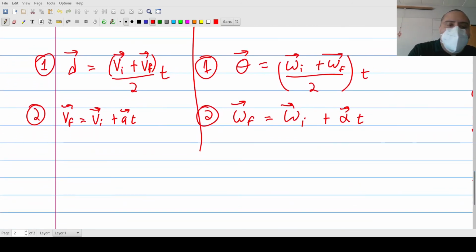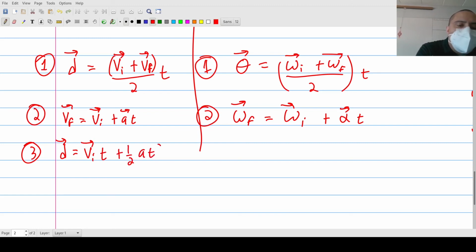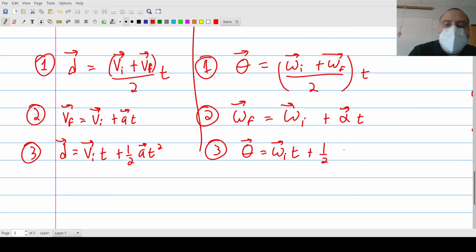The third kinematic equation looked like this: d equals v initial t plus 1/2 a t squared. For the third one over here, we get theta equals omega initial times t plus 1/2 alpha t squared. It's not a very good alpha. Let me see if I can do that again. Alpha t squared.